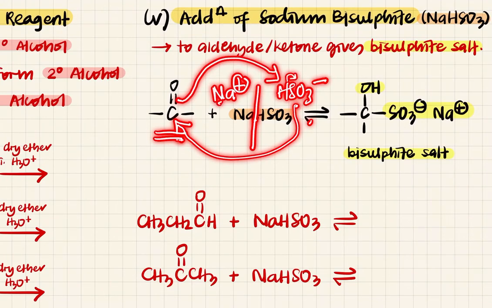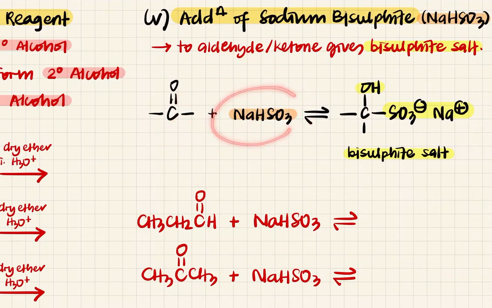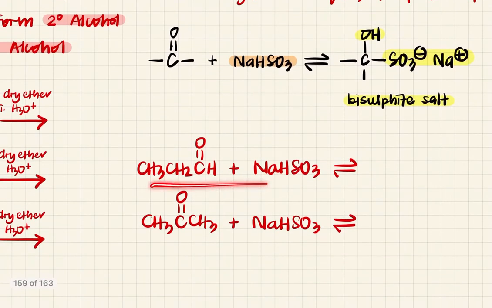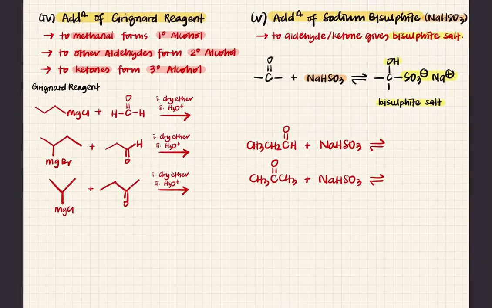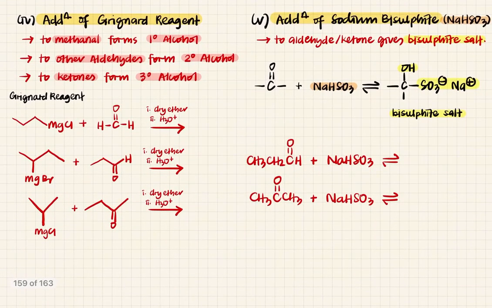Lepas tu kira macam semua benda ni akan added to this compound lah. So sekarang awak dapat COH, SO3 minus, and you have to show your Na plus kat tepi juga. Okay, you have to show these charges because it is a salt, it is an ionic compound. Okay, so try lah buat yang ni, simple je ni. Okay, I think that's all for addition. Okay, so try buat yang saya tinggal kosong tu.